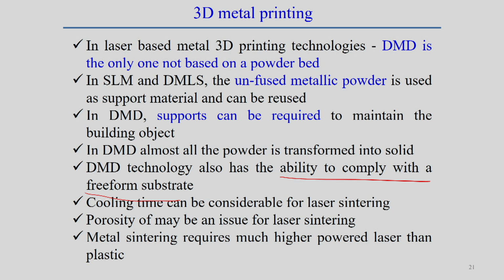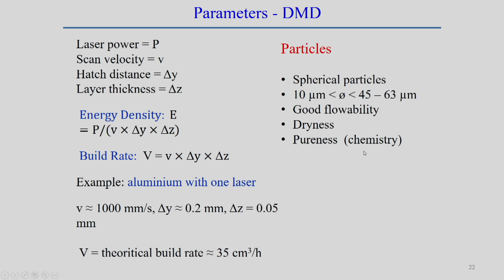Similarly, melting also requires much more power as compared to plastic. But definitely when you try to process plastic components in additive manufacturing, we normally follow the sintering process as compared to pure melting of the polymeric material.